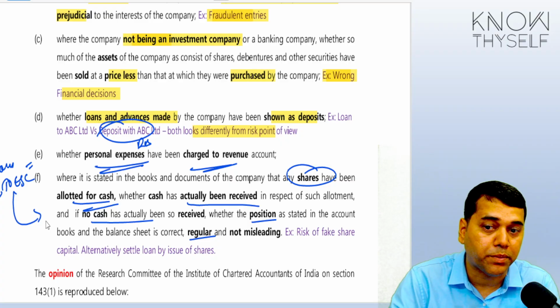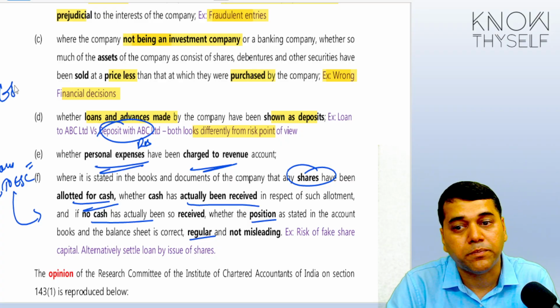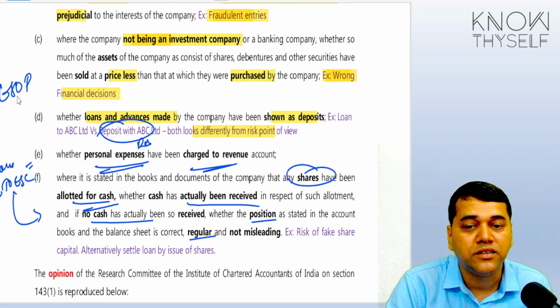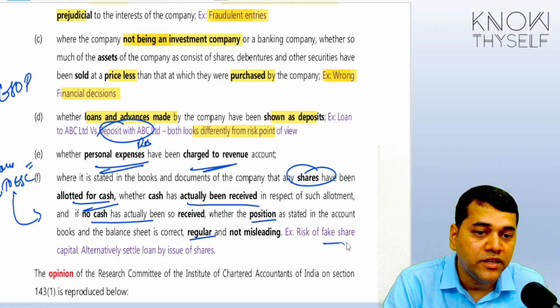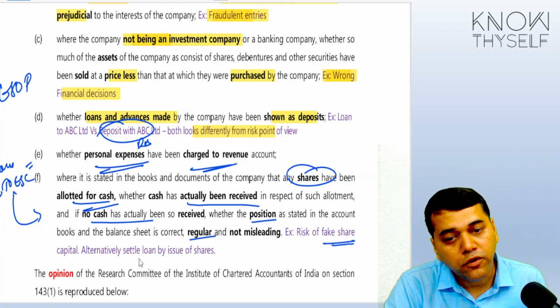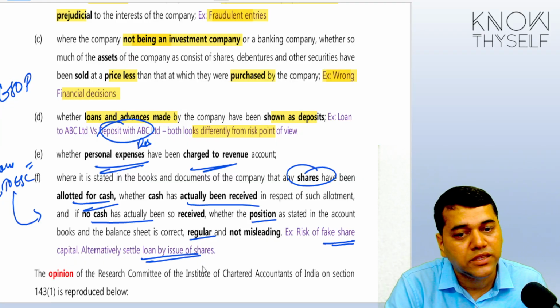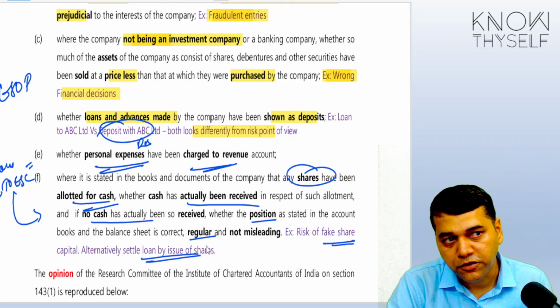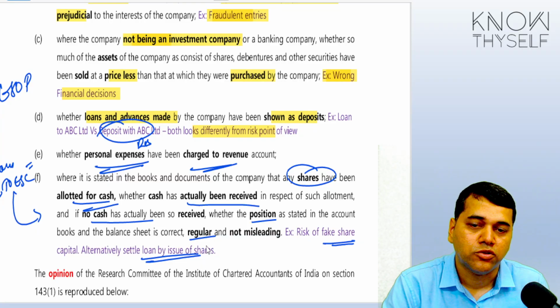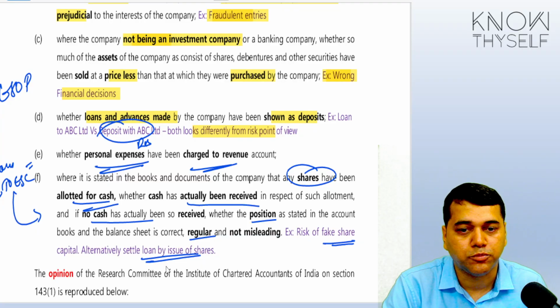Like how you present this versus ESOP. In ESOP you didn't receive any cash, you gave free of cost. How did you present it? So here you are trying to see, is there any fake share capital? If you have settled the loan with shares, that is true, genuine. But if you are passing fake entries, it is not acceptable. So these are all the inquiries an auditor is supposed to make.